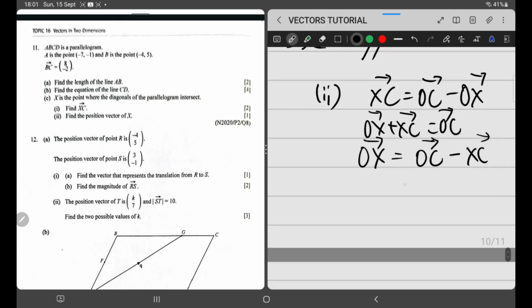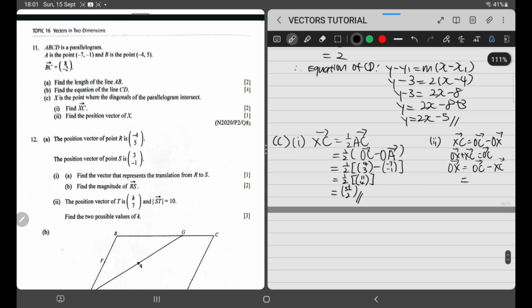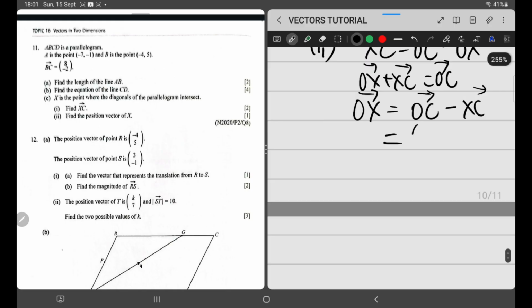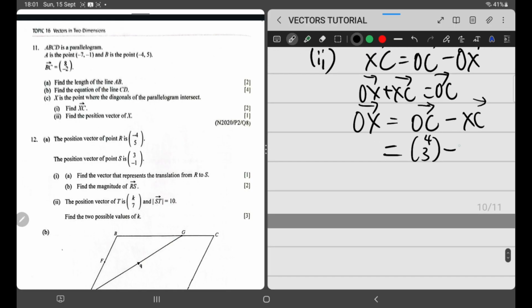So OC is (4, 3), then our earlier answer is (5.5, 2). Therefore, you should get (-1.5, 1). Voila. That is the answer over there.